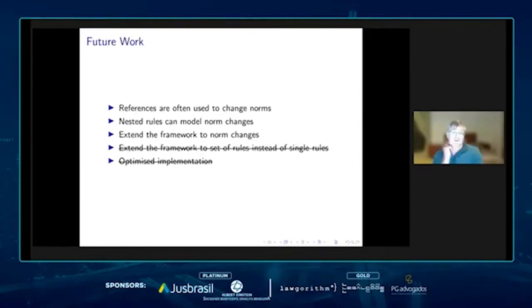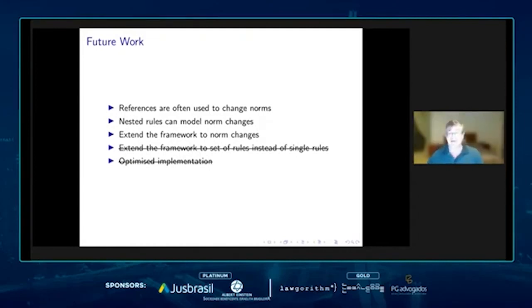So let me go to some possible ideas for future work. One of the other possible uses of references is to represent norm changes. Very often when you want to modify some norms, you specify a reference and how to modify that particular reference.